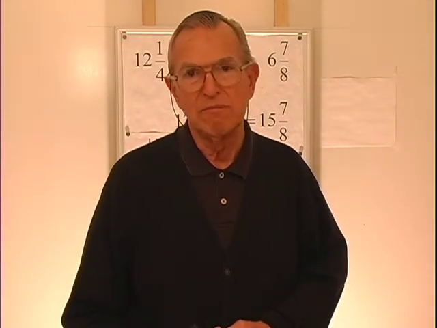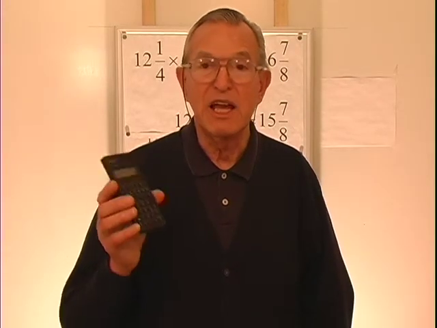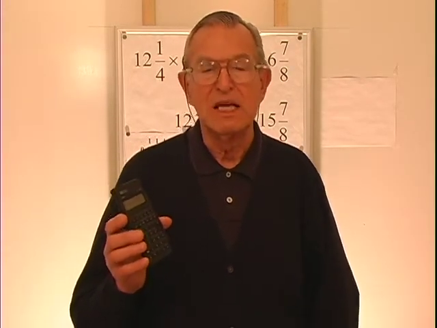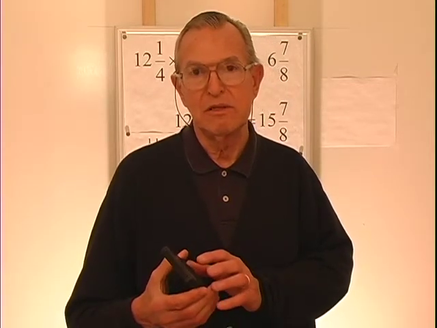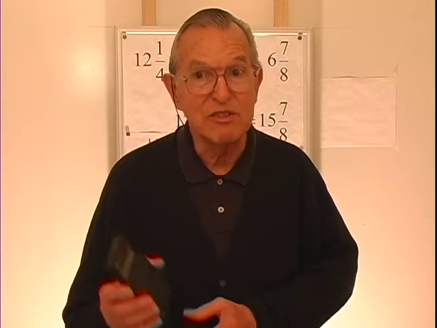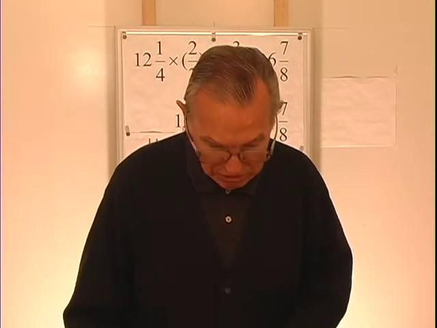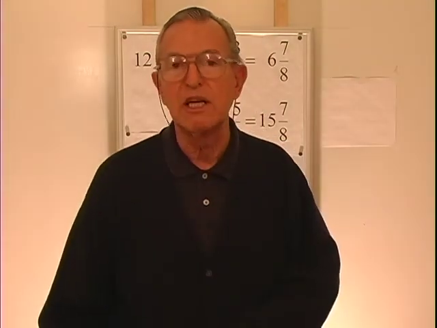And where did it come from? This handheld calculator, and every handheld calculator on the planet, and every computer on the planet does subtraction by addition and has done it that way since their inception. And we can turn the special case into the general case.